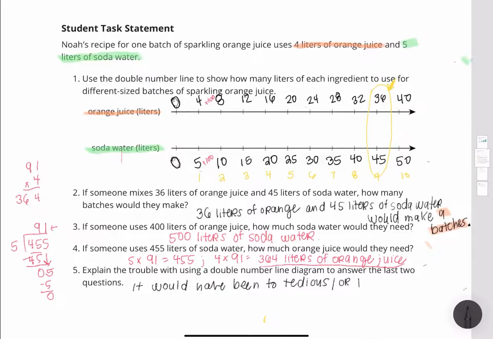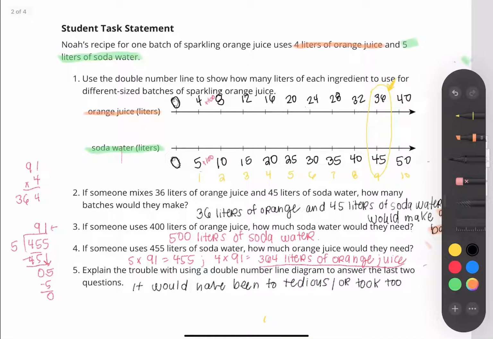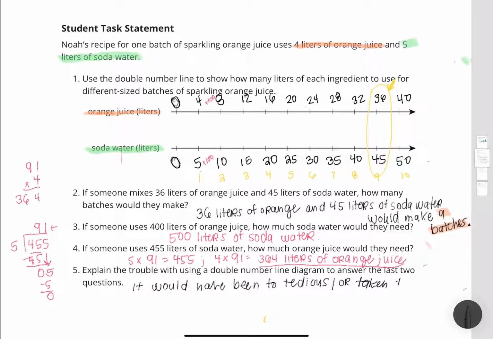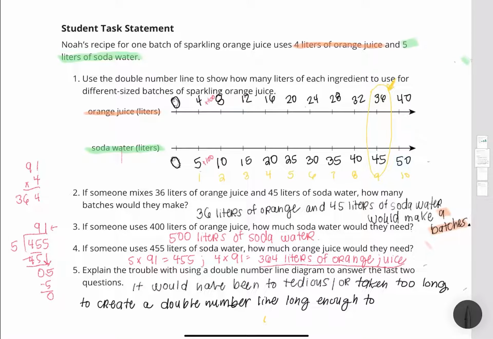Or it would have taken too long to create a double number line long enough to answer those questions.